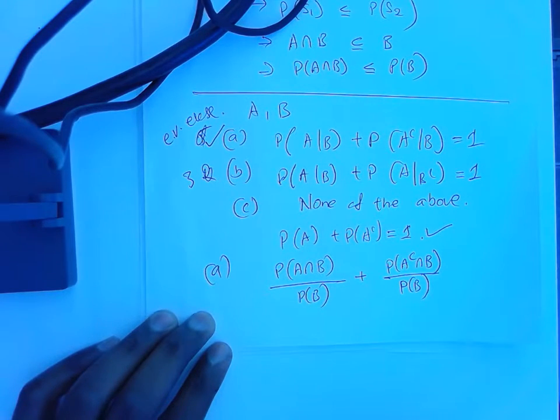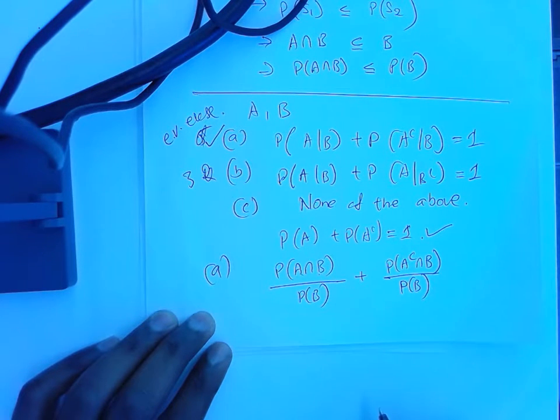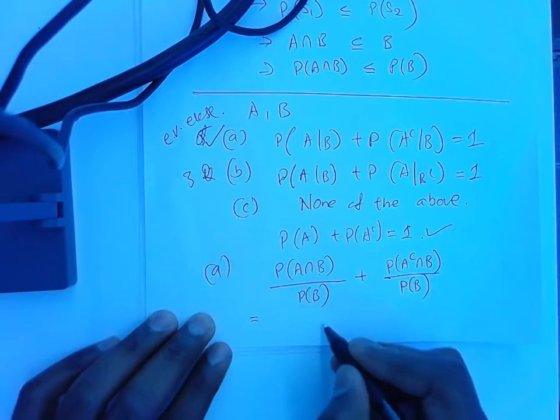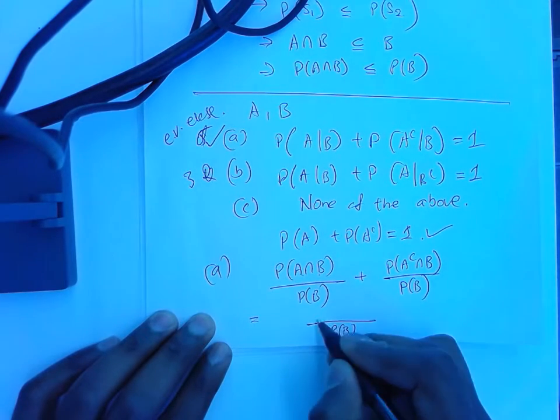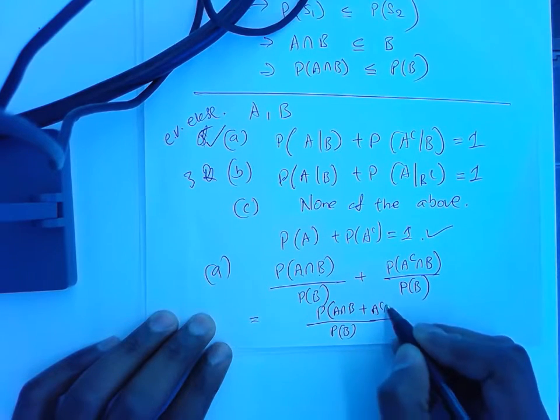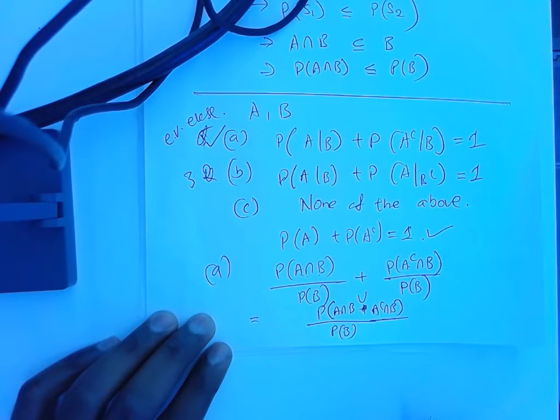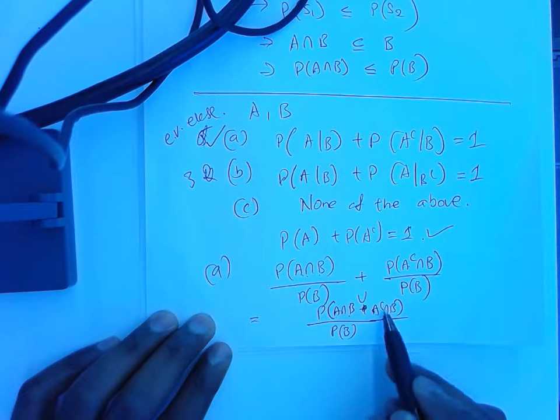Now these two sets, A intersection B and A complement intersection B, are disjoint. There cannot be anything common in them, right? So that means I can write this as probability of A intersection B plus A complement intersection B, because these two sets are disjoint. And by plus I mean union, sorry. So A intersection B union A complement intersection B is B.